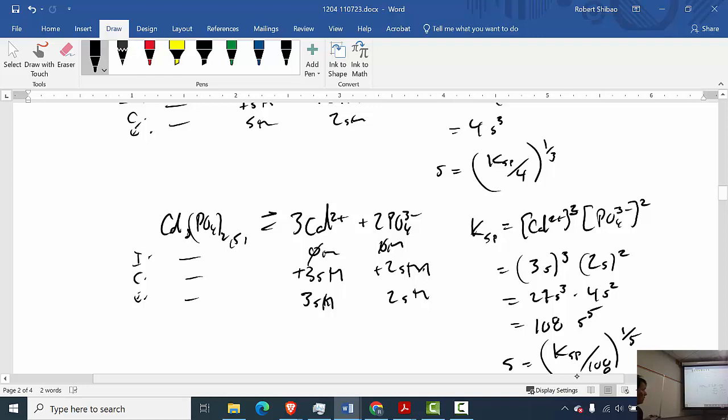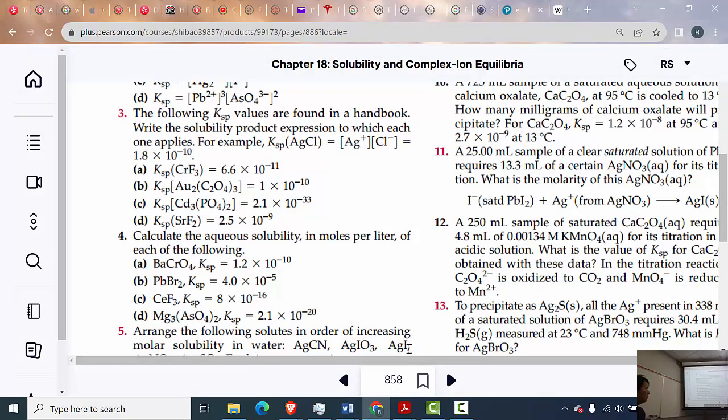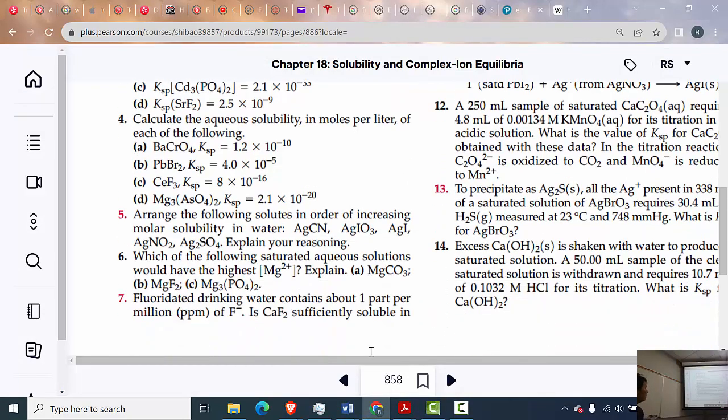So it turns out that cadmium phosphate is still less soluble, but the solubility is not directly proportional to the KSP. You have to be careful with that. And so there are cases where the KSP is smaller, but the solubility is higher because of the way it ionizes. In this case, it wasn't like that.